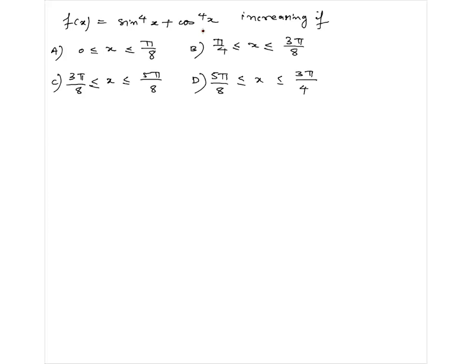Well, if you got sin x is greater than or equal to cos x, then why not D for delta? And why not C also?